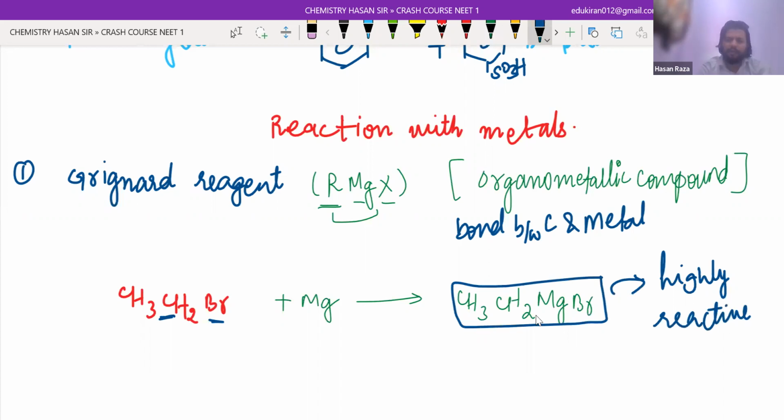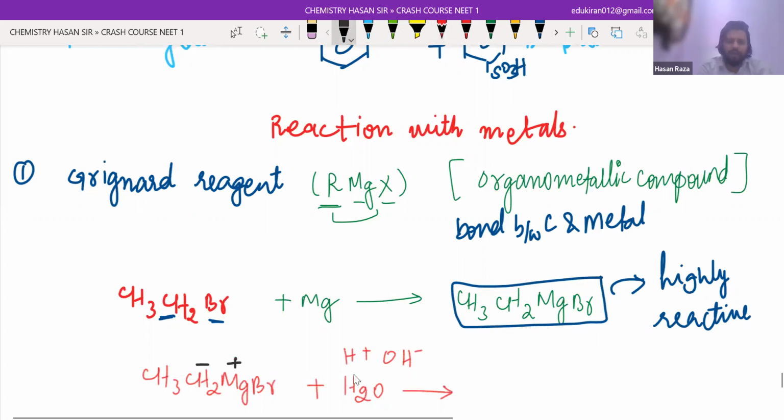Even it reacts with moisture. So if you have this Grignard reagent, CH3CH2MgBr, and it gets in touch with moisture, that means H2O, you know, it has two parts, H plus and OH minus. So this will be plus and this will be minus.